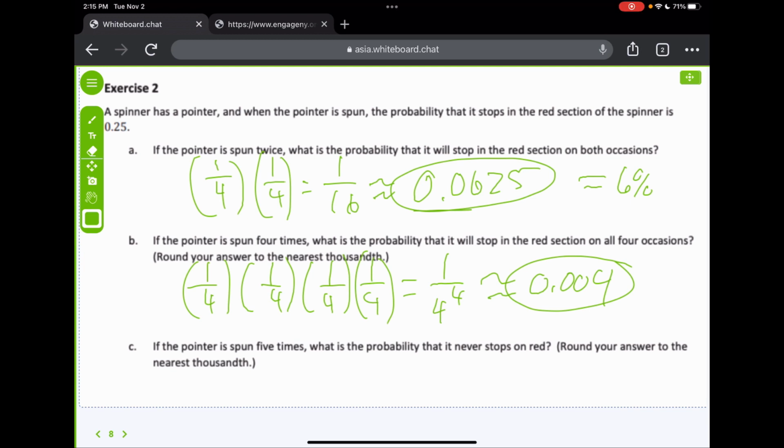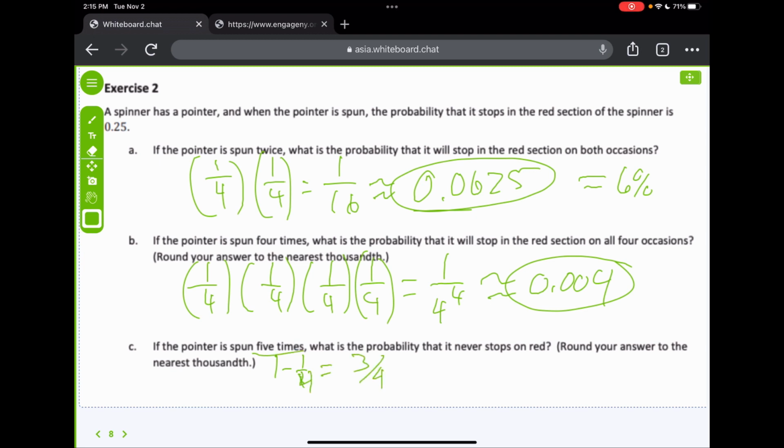Okay? If the pointer is spun 5 times, what is the probability that it never stops on red? So here we're talking about it never stopping on red. So that is not 1/4. Well, what is 1 minus 1/4? That's 3/4.